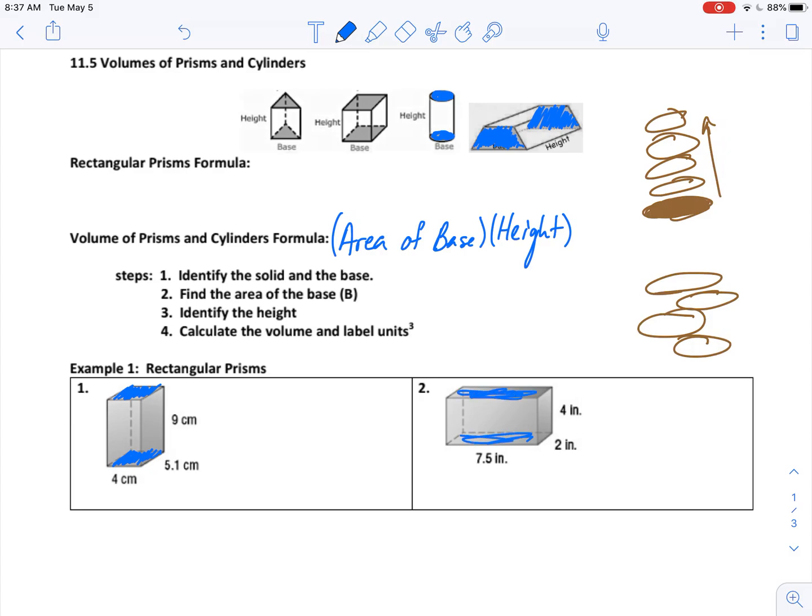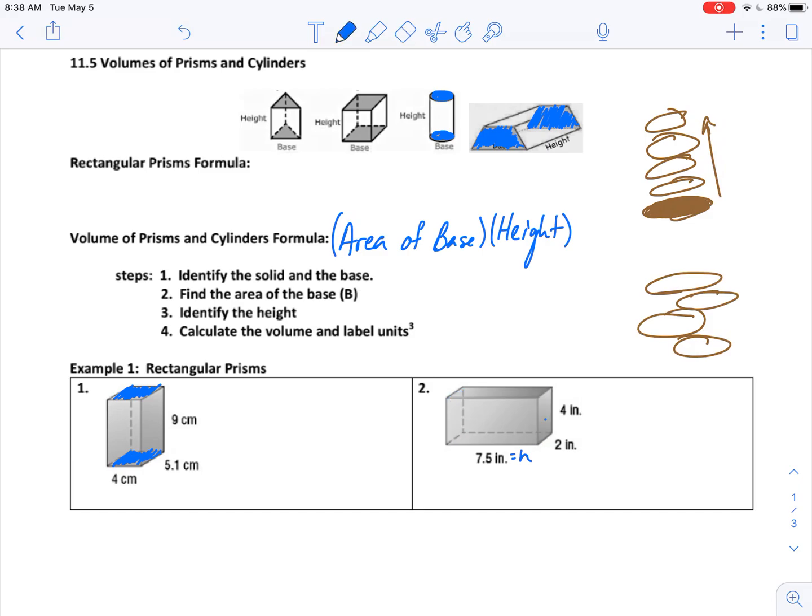Sure, that would work for a rectangular prism. But I could also say that here's a base and here's a base. And I could say 7.5 is the height. And that's also a pretty valid argument. I could make a good case for that.